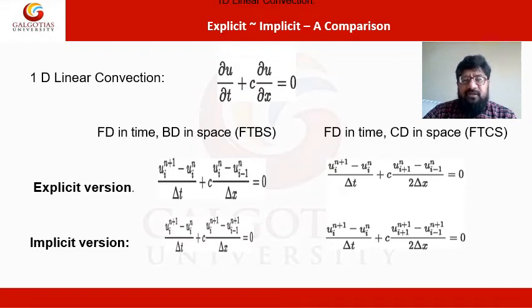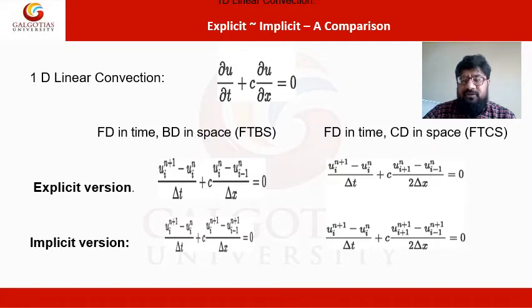So similarly, FTBS can be obtained by discretizing the space derivative term with backward finite difference formulation. So the backward formulation or central formulation of the space derivative will be this.